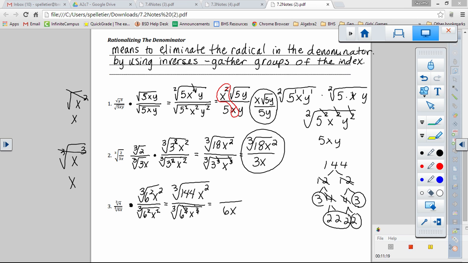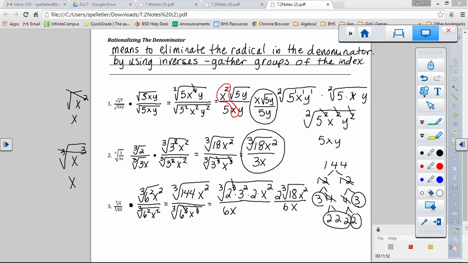Okay? So, third root of 2 to the third times 3 squared times 2 times x squared. So the only thing coming out is this 2. So 2 third roots of 3 times 3 is 9. 9 times 2 is 18, x squared over 6x.